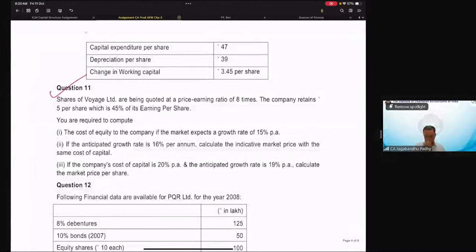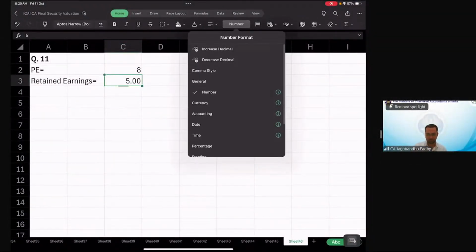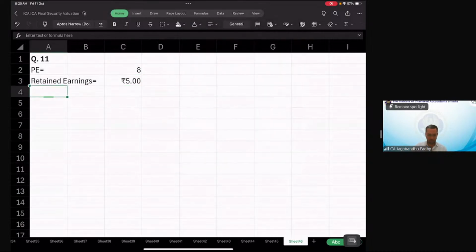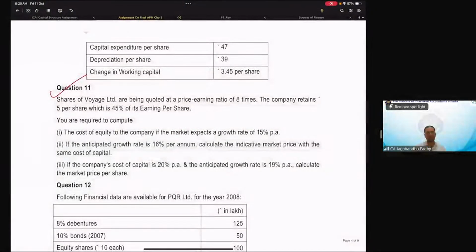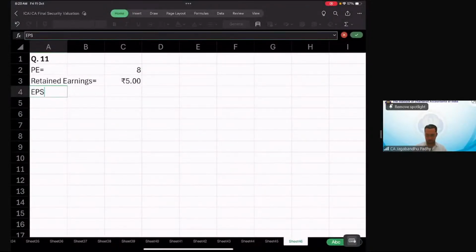So retained earnings are 5 rupees, sorry. Retained earnings are 5 rupees. So we can get the earnings per share, which will be 5 divided by 45%.